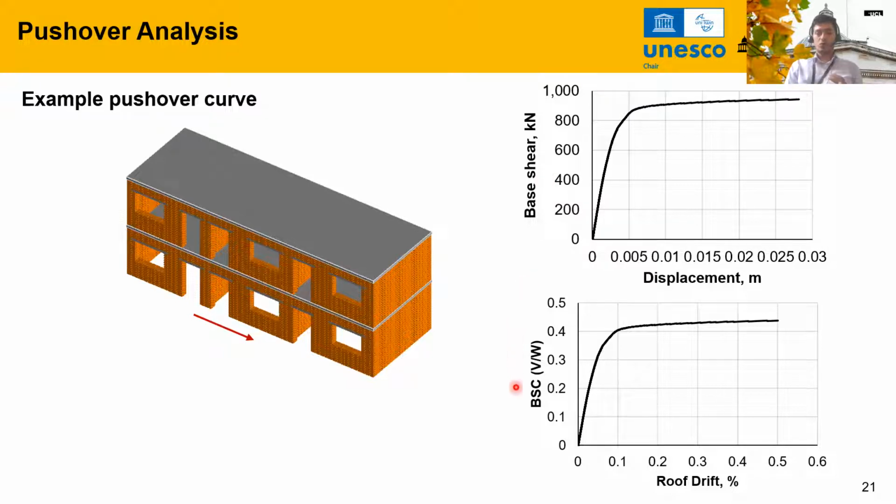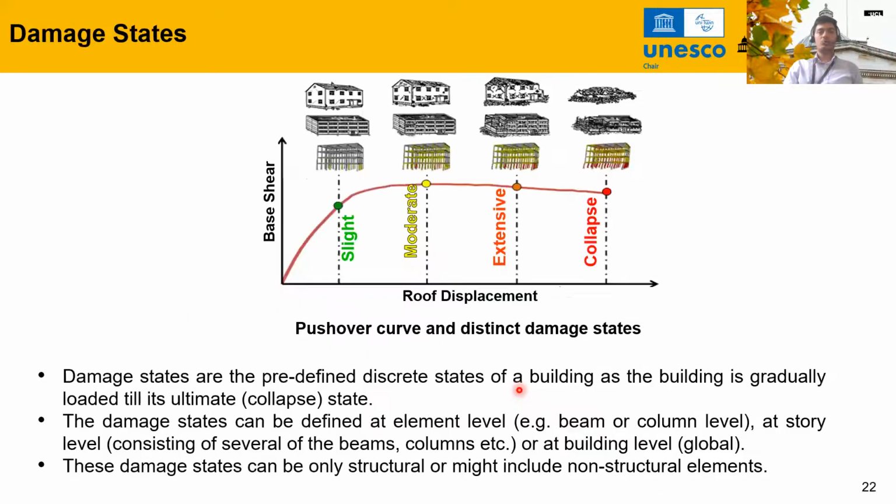We want to divide the base shear by the weight of your seismic mass of your building, so that we get the base shear coefficient, which is equivalent to an acceleration term, so that we can compare this to, for example, the acceleration spectra from a real earthquake or from the code. So that's the purpose of translating this absolute quantity into relative terms, so that we can compare and then perform analysis. I will come back to that later as well.